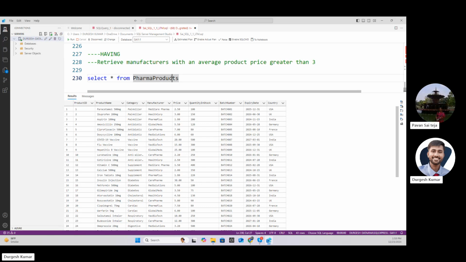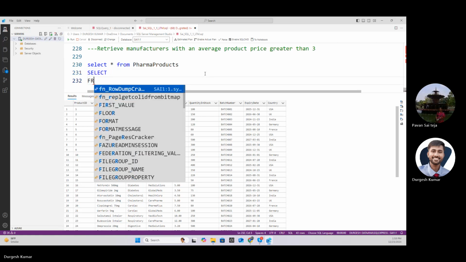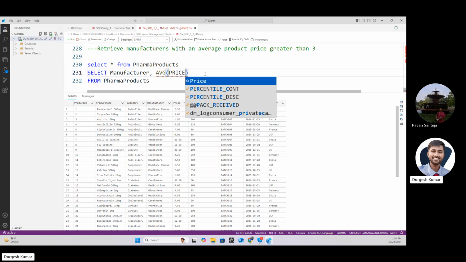Select manufacturer, average price, like aggregate of price, from pharma products. Select manufacturer, and the average of price.